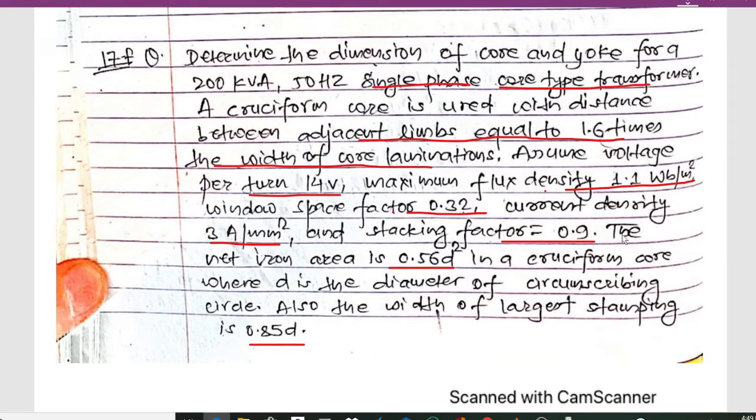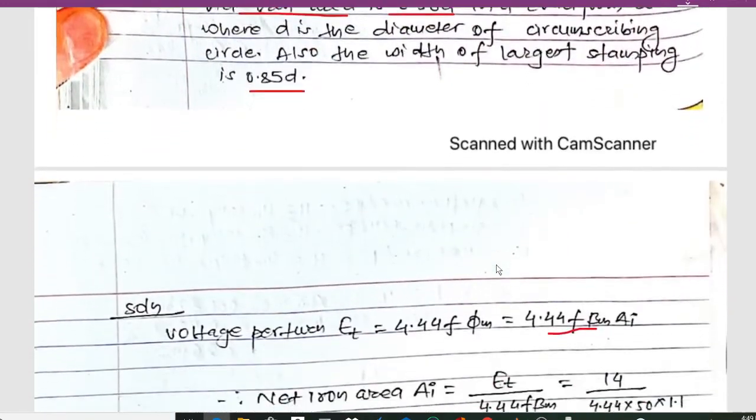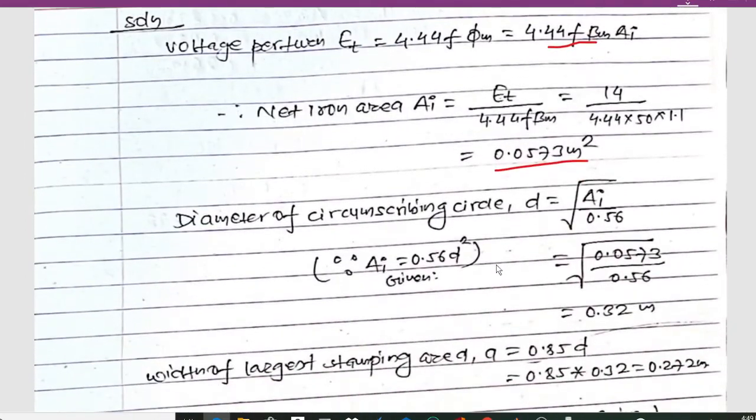Here you can see the net iron area is 0.56 d square, so here we have used this condition. So Ai is equal to 0.56 d square, and in order to calculate d you have root under Ai upon 0.56, and here we have substituted the value of Ai. So on solving we will get the value of small d as 0.32.